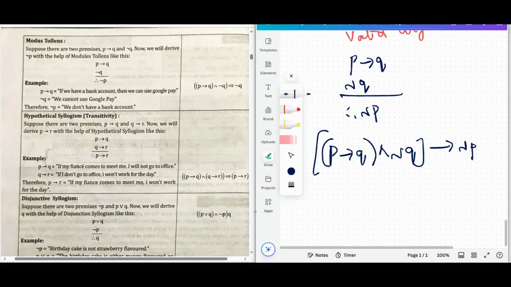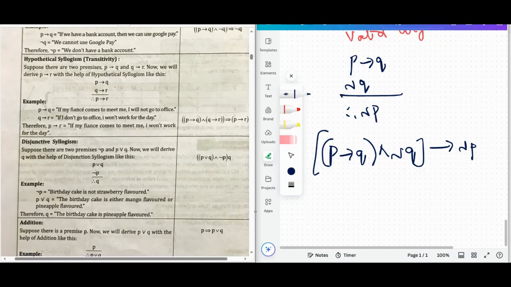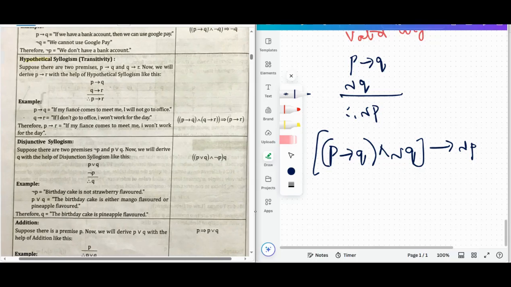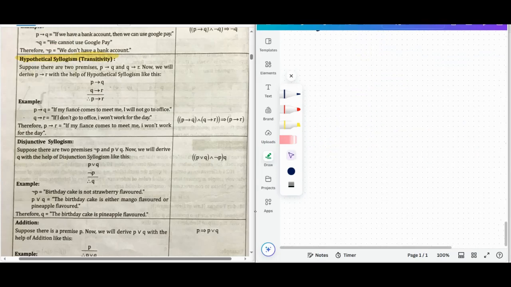Okay. Then the next one you have is hypothetical syllogism. What is hypothetical syllogism? Hypothetical syllogism says, it's like a transitive property. If it is P implies Q, then Q implies R will give us P implies R. The one which is common, we are not going to take.